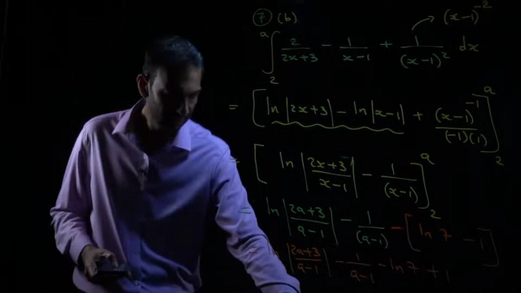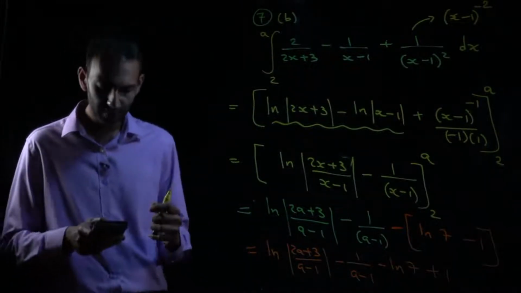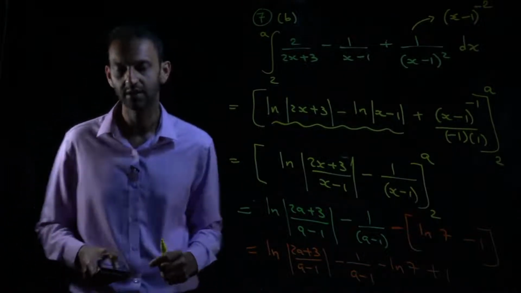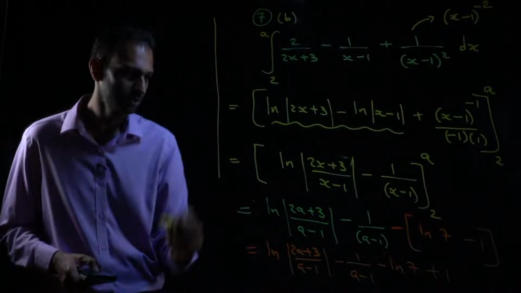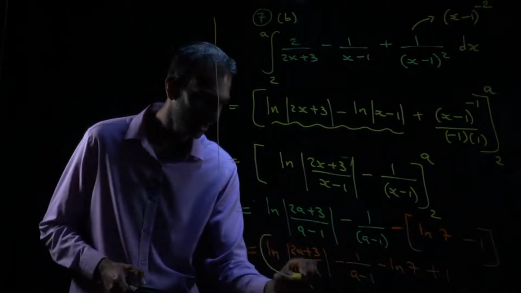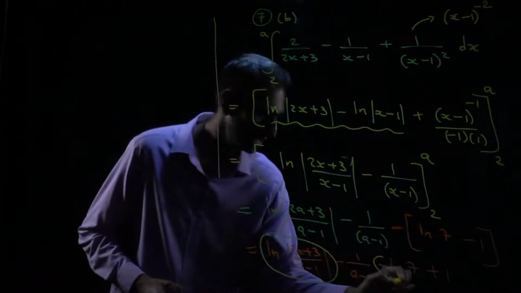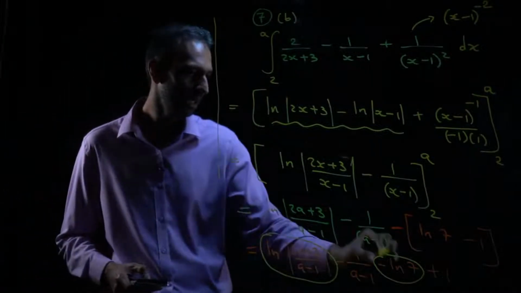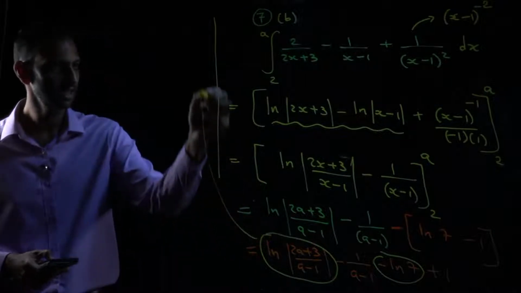Now, the next step of the problem is we say that it should be in the form of c plus ln of d, right? So we have to continue simplifying. Let's group the ln together. I have ln of this whole term minus ln of 7. Ln of a minus ln of b is ln of a over b. So from this line, let me continue.